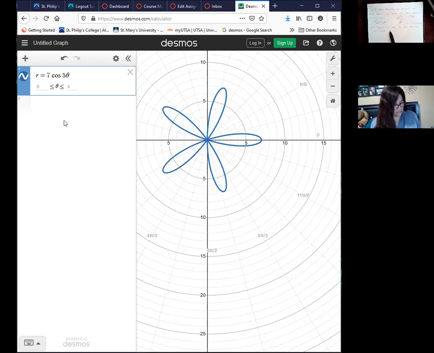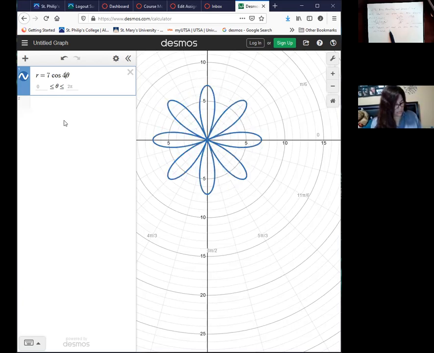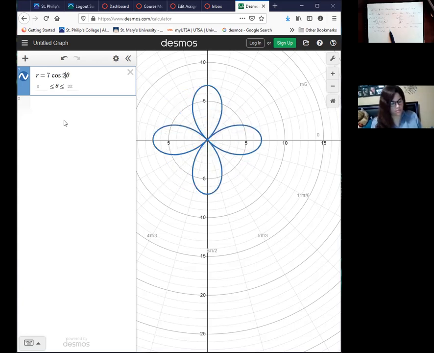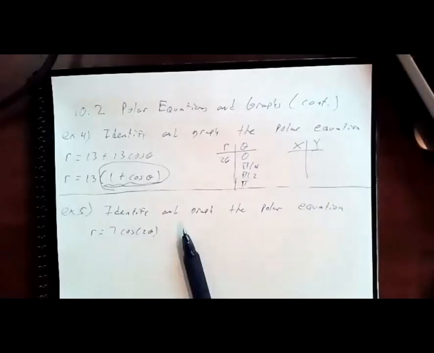But if it's odd, it's exactly that number. Does that make sense? 4 is 8, 2 is 4. So just look at the number. If you see a number on the angle, you should automatically know that's going to be a rose. And that's all I expect from you, is to identify what kind.